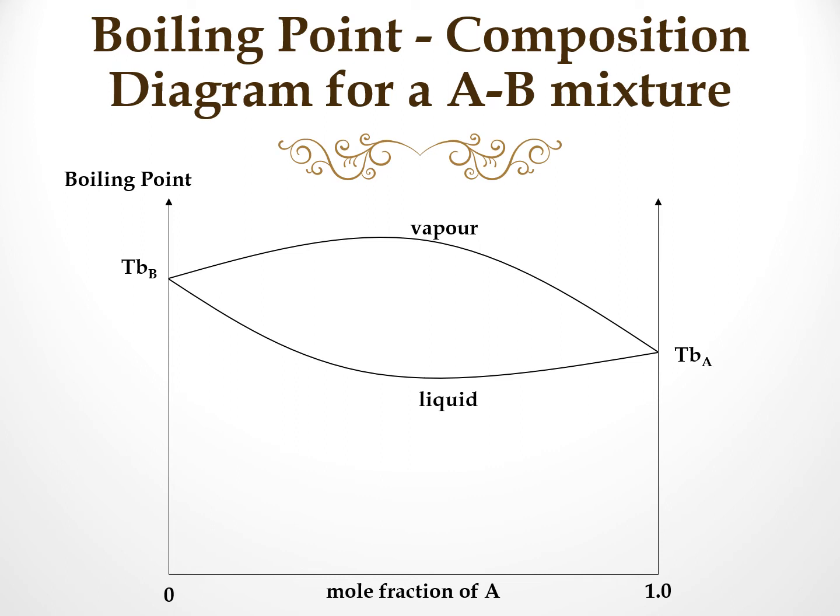The first curve is the boiling point of vapor, and the second curve is the boiling point of liquid according to the composition. If you roll this graph, changing the y-axis to vapor pressure, it means you roll the vapor pressure composition diagram. The vapor will be at the bottom, and the liquid will be at the top.